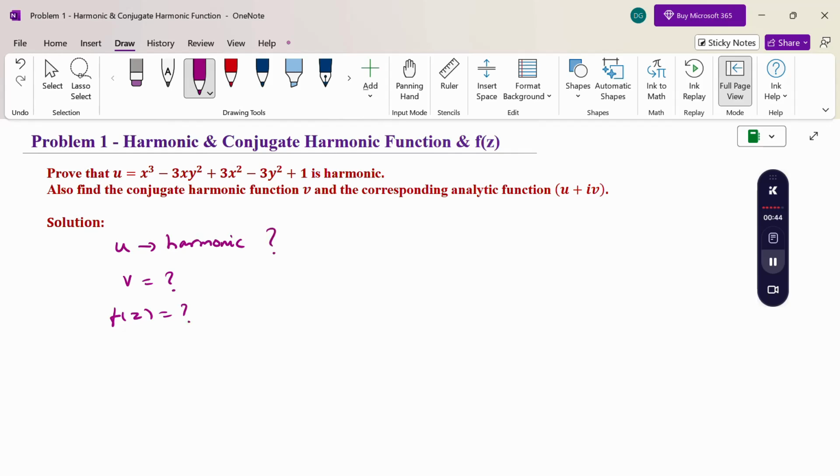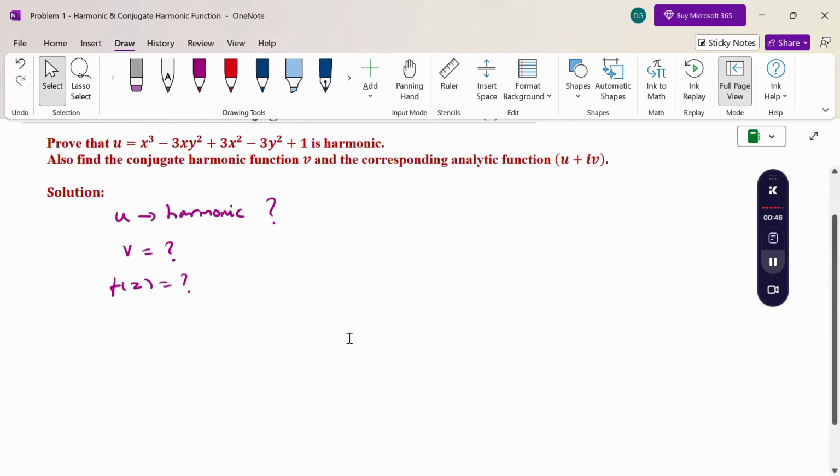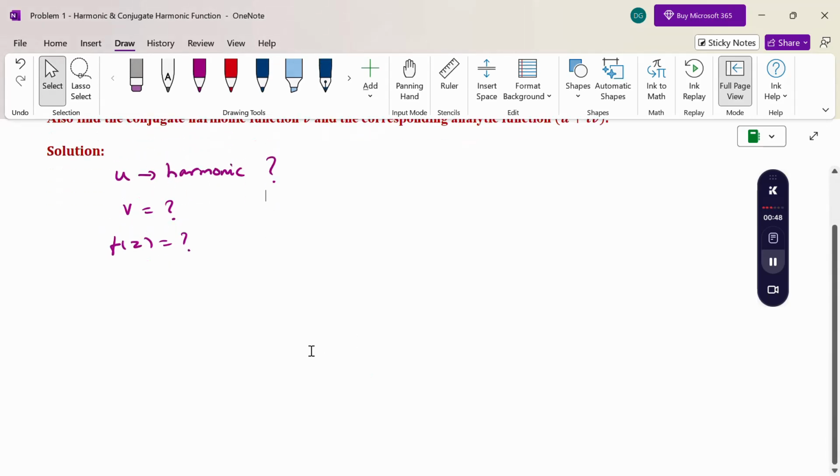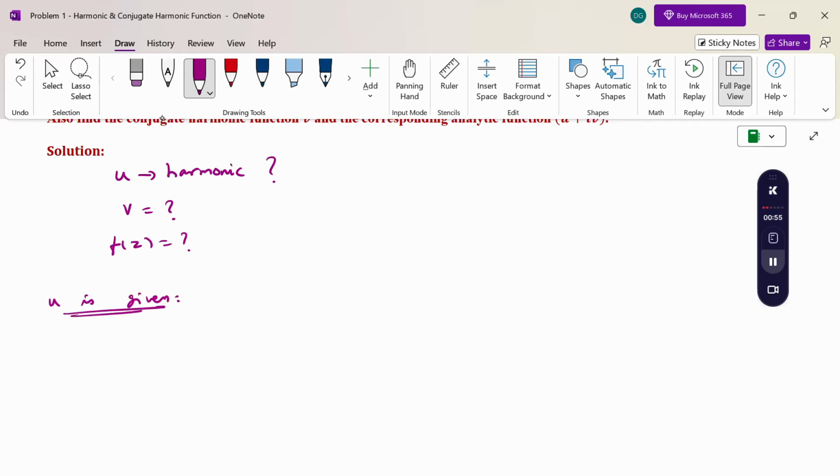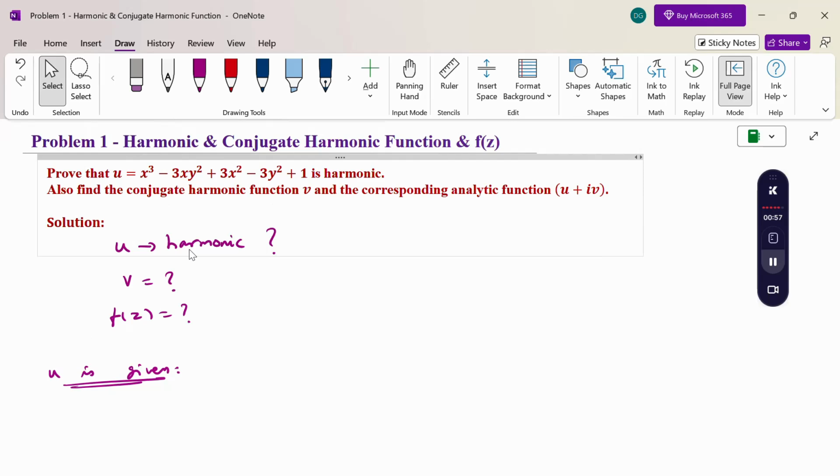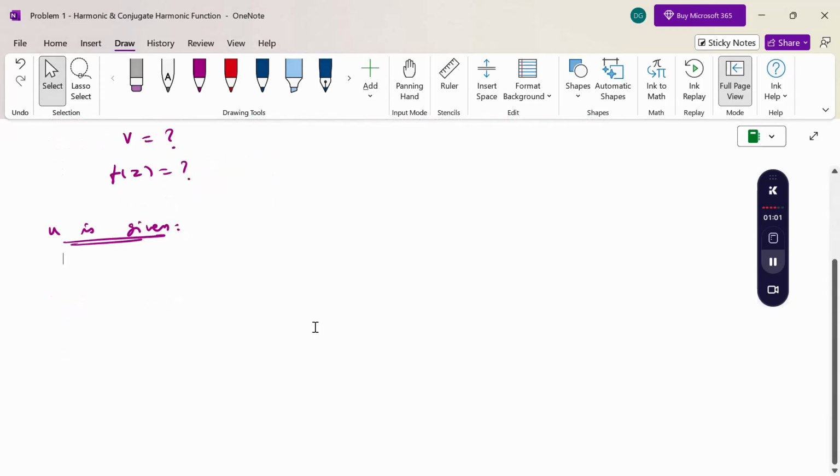First of all, u is given. To prove it is harmonic, we check whether the given function satisfies the Laplace equation or not. If the given function satisfies the Laplace equation, then it is a harmonic function.